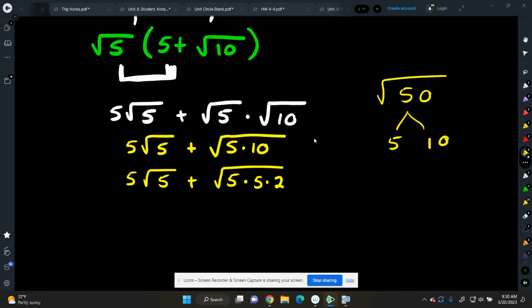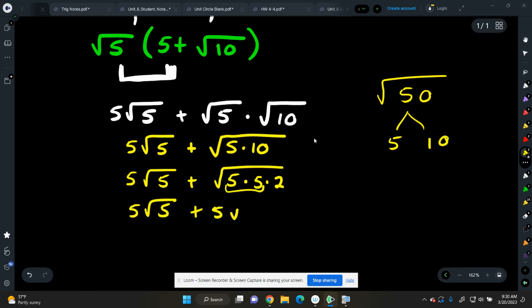Now what? You take out a 5. Yeah, we've got a pair right here. So we're going to take out a 5, and it leaves me with the square root of 2 inside. So we're done.